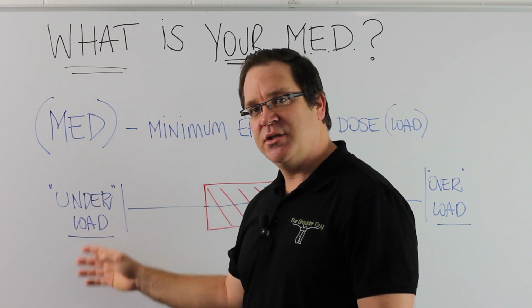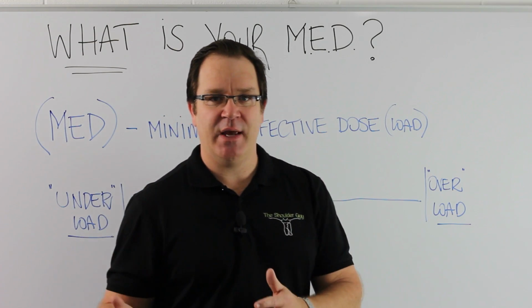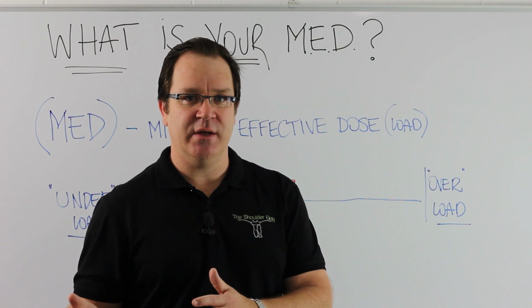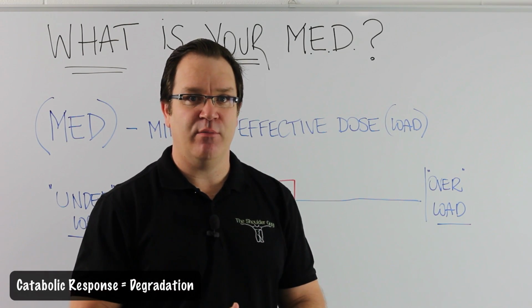If we underload the system, we're potentially going to get an imbalance, and it can become a little more catabolic as opposed to a nice balance between anabolic and catabolic from a cellular point of view.